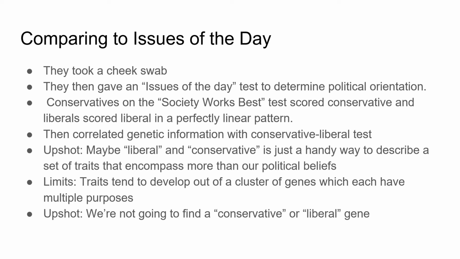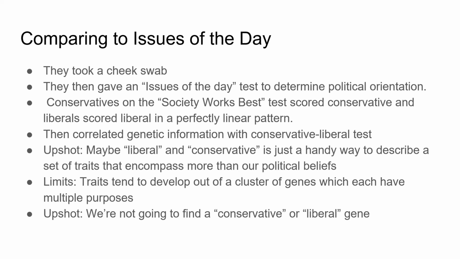So it may be that one gene predisposes you to participation, but it also predisposes you to having big feet. There are multiple genes found in people who are politically active, but those same genes are individually correlated with a bunch of different things as well.